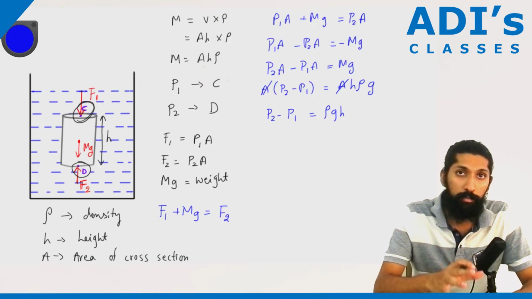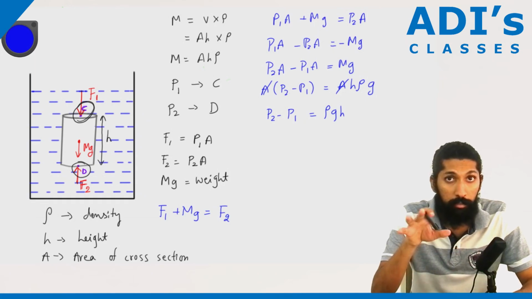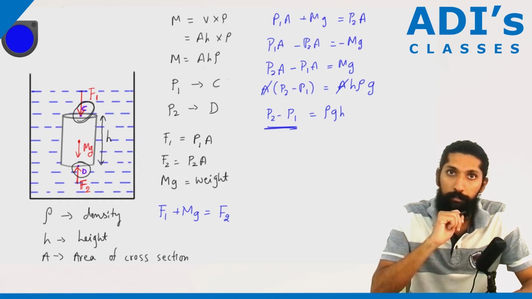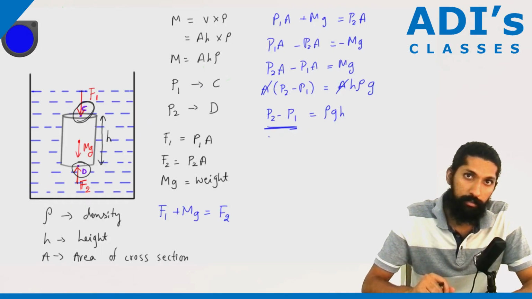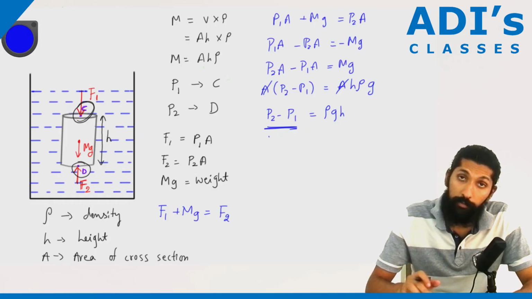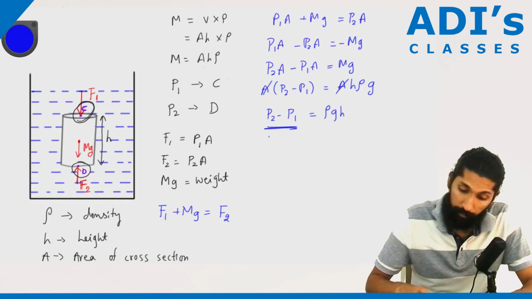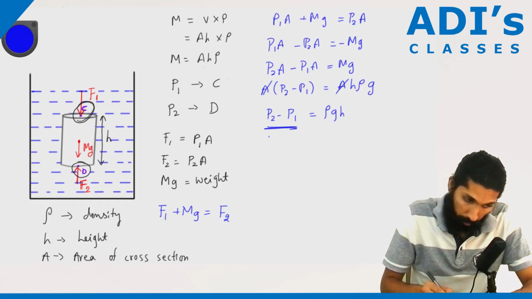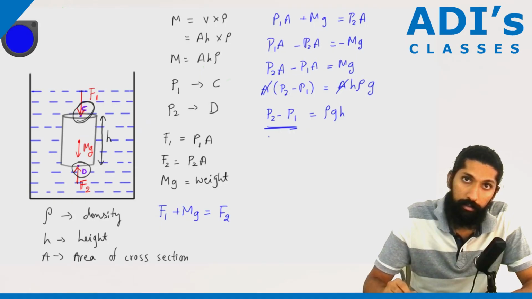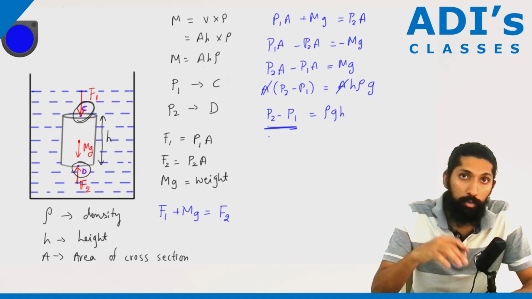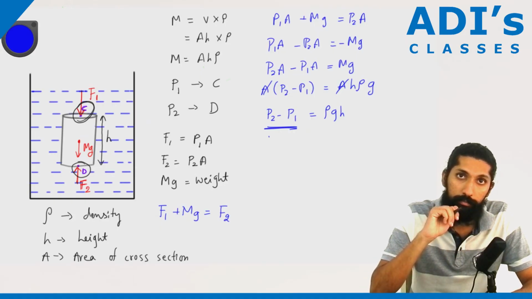Now, what does P2 minus P1 is equal to rho g h mean? This is the next point. P2 minus P1 is the pressure difference, isn't it? Pressure difference between which two points? Pressure difference between the point which is at the bottom and the point which is at the top. Correct? Now, what if the 2 points are at the same level?